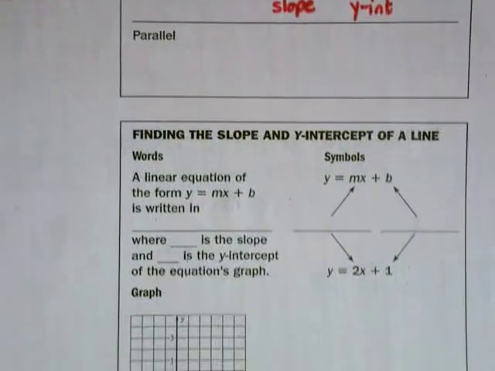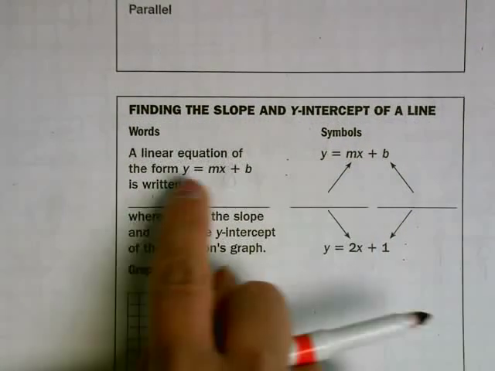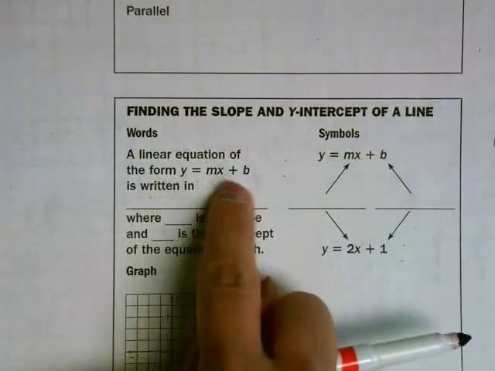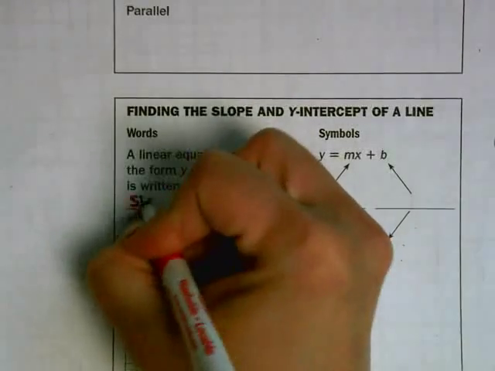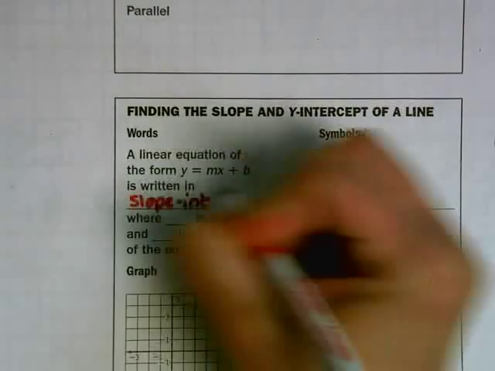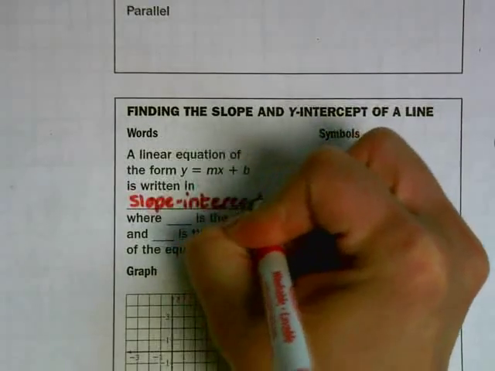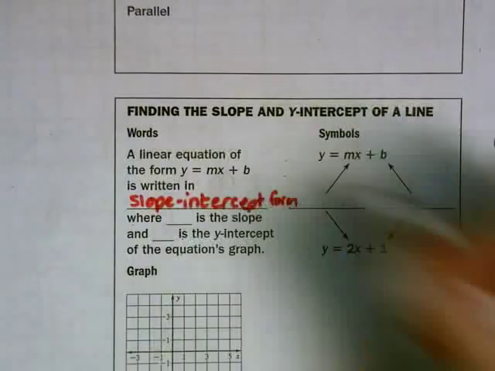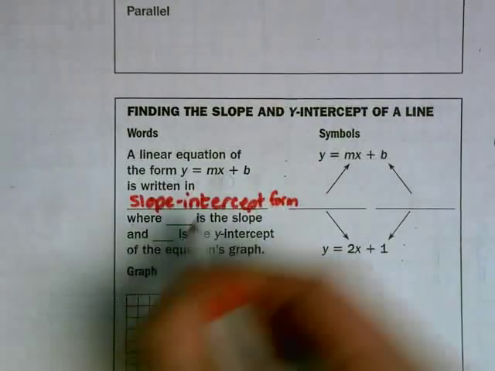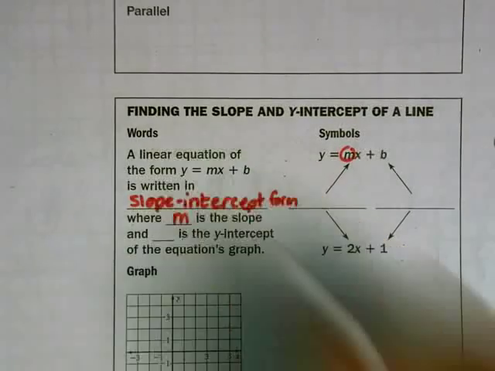So let's just look at, again, the equation. A linear equation of the form y equals mx plus b is written in what is called slope-intercept form. Where what is the slope? That one's going to be m.